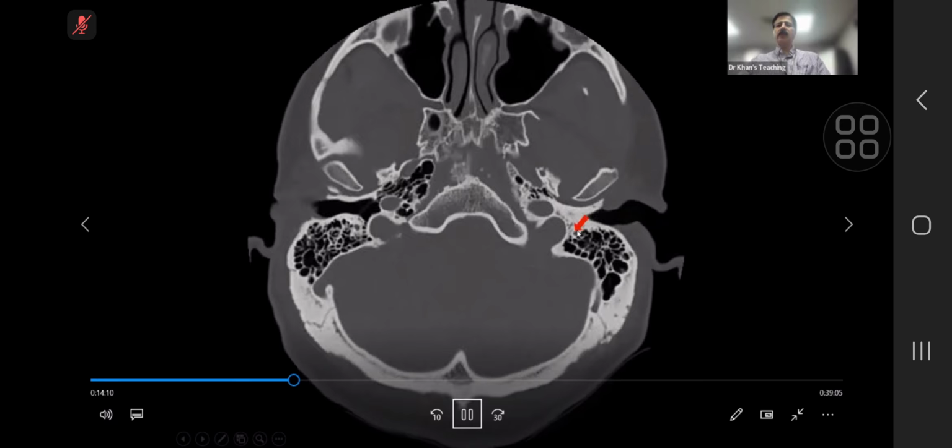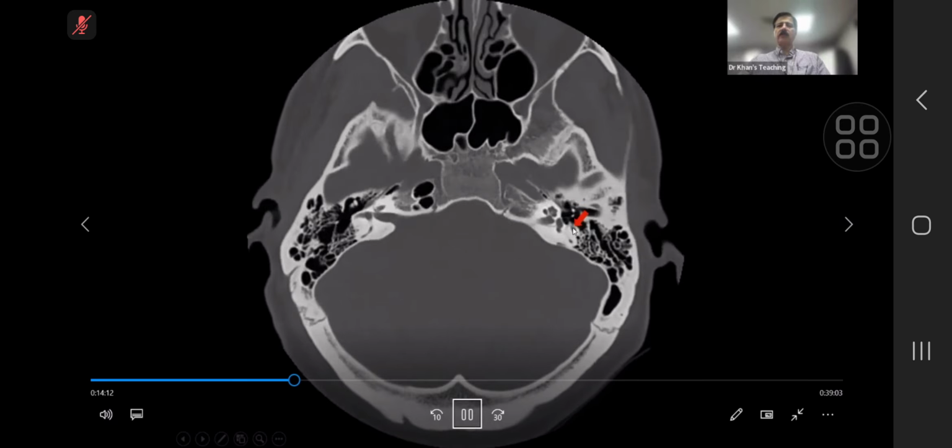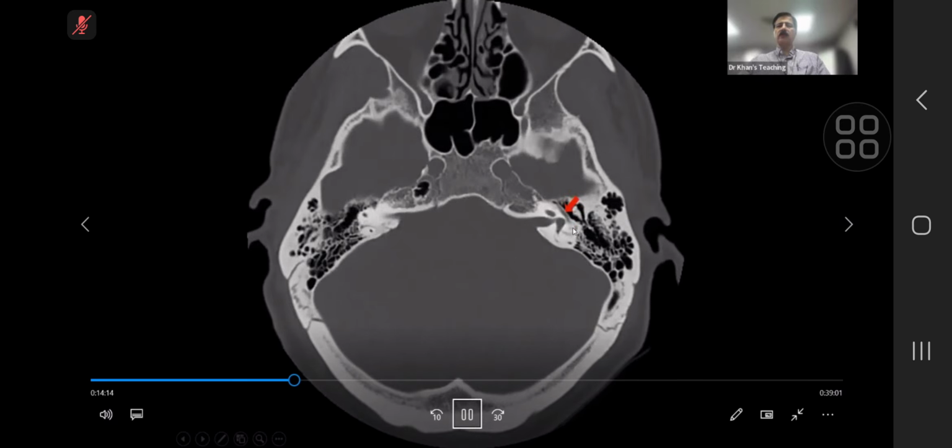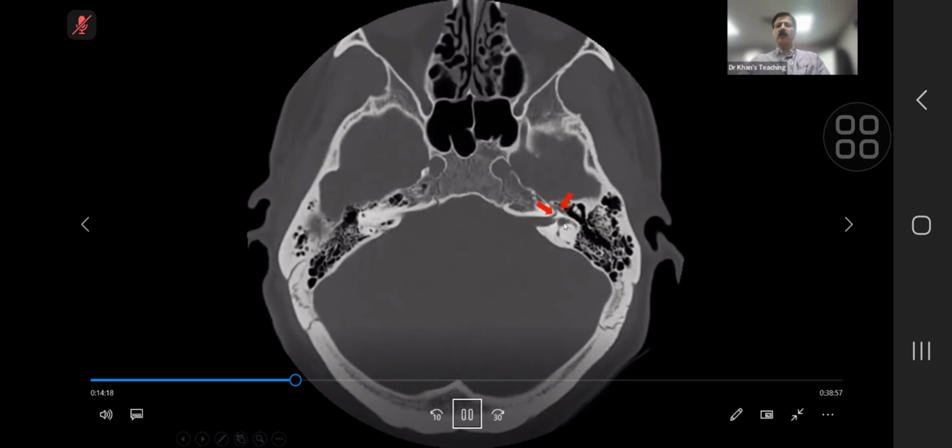Let's see a few landmarks surrounding it, but we will not overwhelm ourselves. Cochlea, of course, is a landmark. We go superiorly. Here is the lateral semicircular canal. On this side are the head of the malleus and the incus.